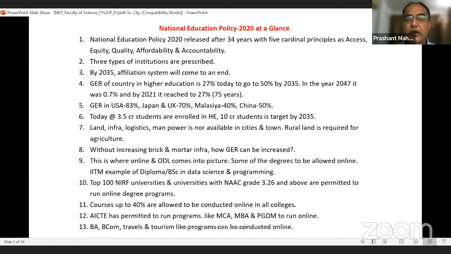Now, just look at the situation that 27% is to be taken to 50%, almost double, and the number of years available at our disposal are only 11. So in these 11 years, the current strength of 3.5 crore students in higher education will become 10 crore students by 2035, because 3.5 crore, if we have to make 50% GER, will become 7 crore.